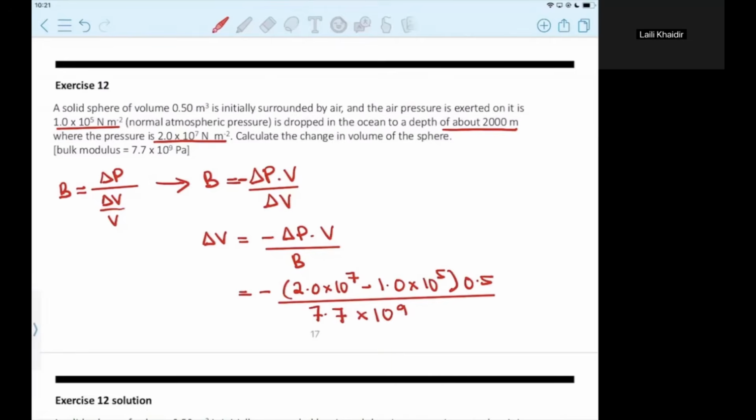Compute with your calculator and you will have the final answer for the change in volume, which is negative 1.3 times 10 to the power of negative 3 meter cube. This negative shows that there is a decrement of the volume.